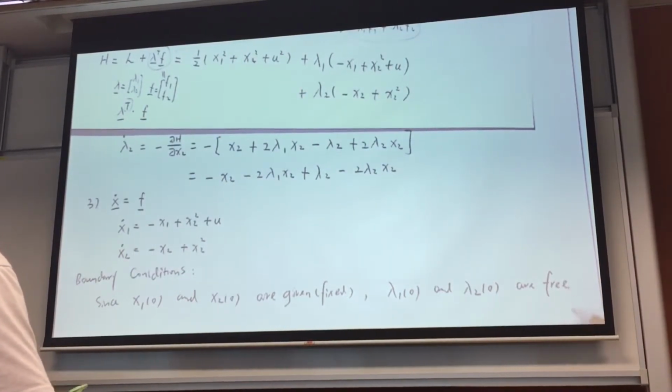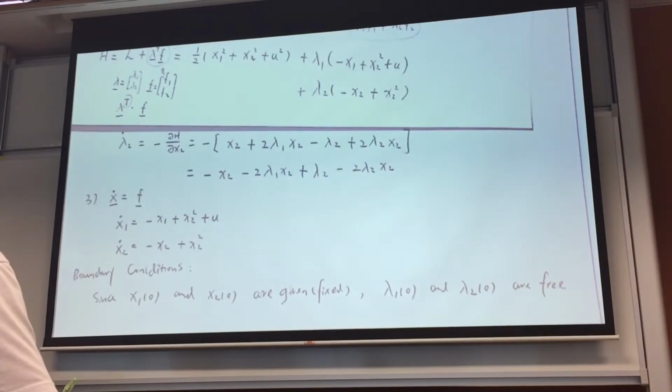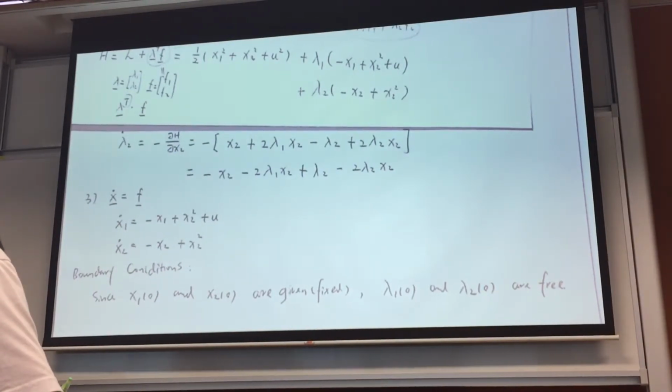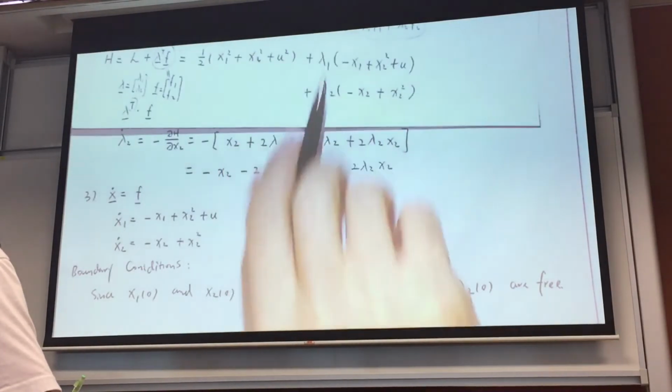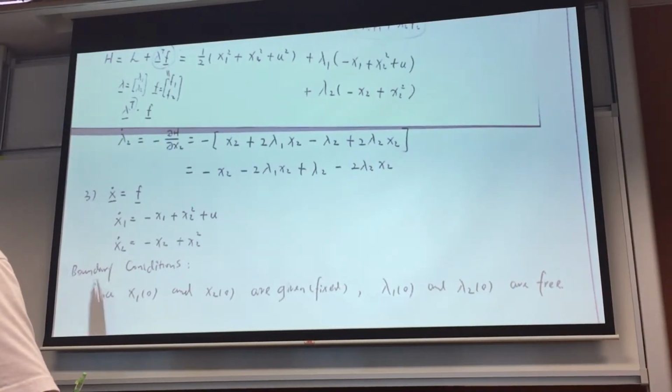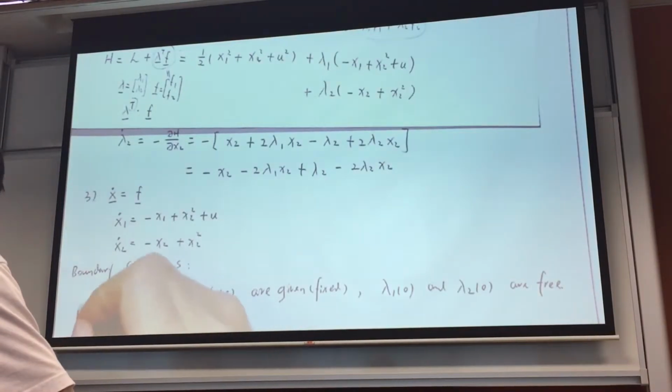These two are free. So this is the first set of boundary conditions.